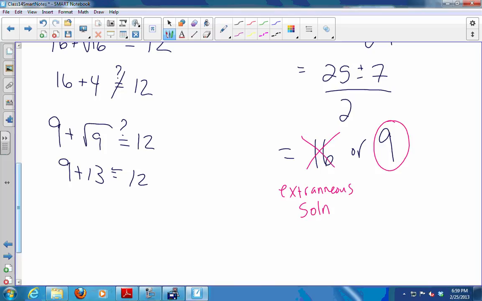It happens because we squared both sides, okay? And when you square root something, you get plus or minus, but in the original equation, it was strictly the positive square root. So we're kind of going backwards from a square root to squaring. But when you go from squaring to square rooting, you'd have the plus or the minus, but we only want the plus.